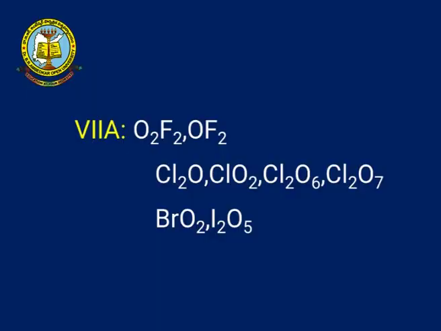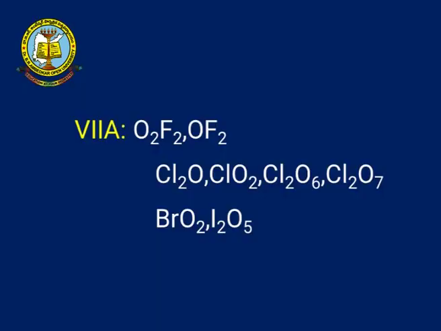And you come to the 7th A, the halogens like fluorine, chlorine, bromine, iodine when reacted with oxygen. They give different monoxides, dioxides, hexoxides and heptoxides. The best examples: Cl2O, chlorine monoxide, ClO2, chlorine dioxide, Cl2O6, chlorine hexoxide, and Cl2O7, chlorine heptoxide.